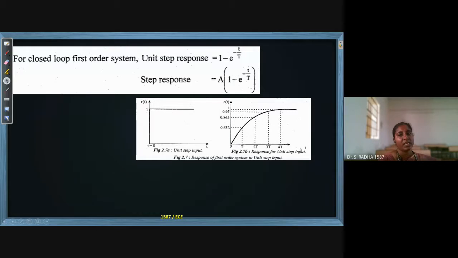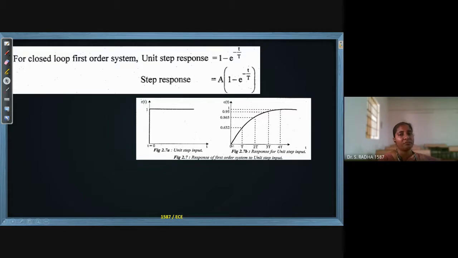Capital T will get cancelled. The value of e I told you is 2.718, a constant. So you can get 0.632, 0.865, 0.995 and 1.